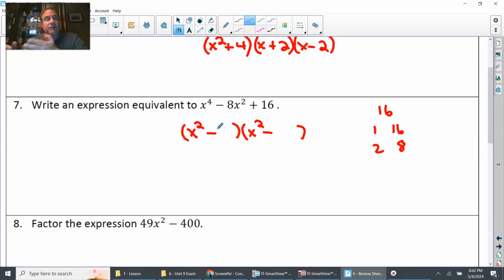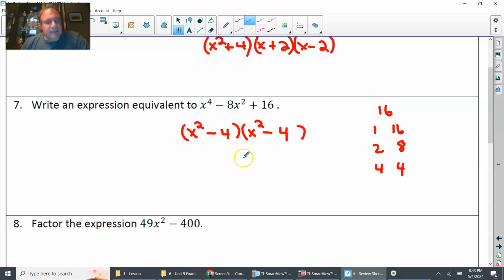Since that's negative, it would definitely have to be a negative times a negative to make that positive 16. So now, does 3 go into 16? No, it doesn't. Does 4 go into 16? Yes, 4 times 4 equals 16, and you can make 8 out of that. So if you want to check it, negative 4 times negative 4 equals 16. Negative 4 plus negative 4 equals negative 8.